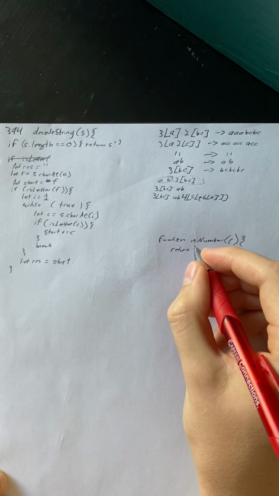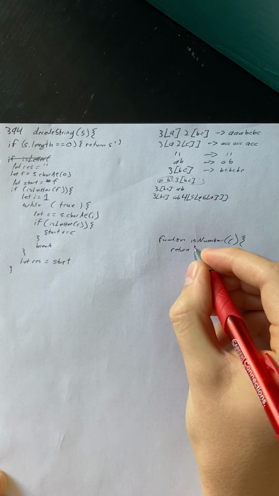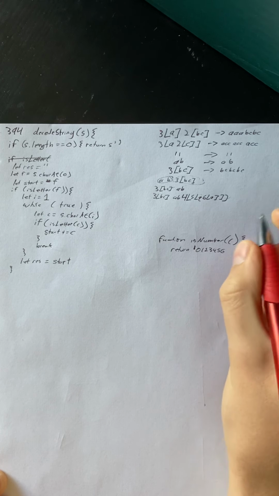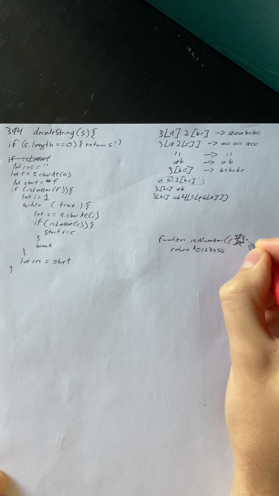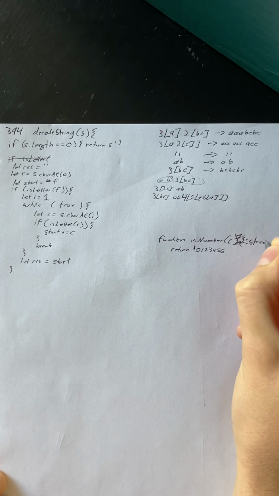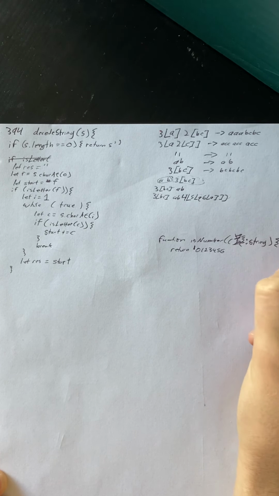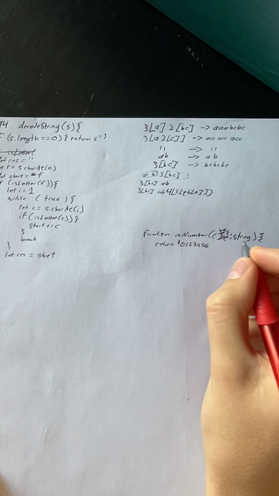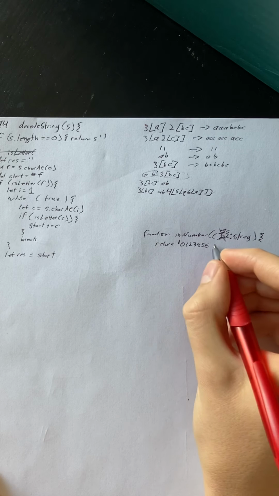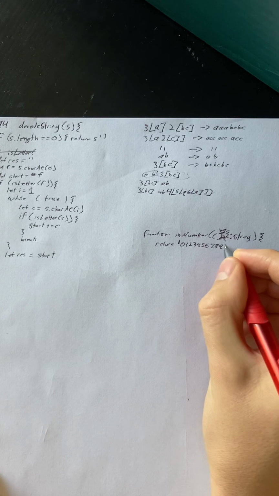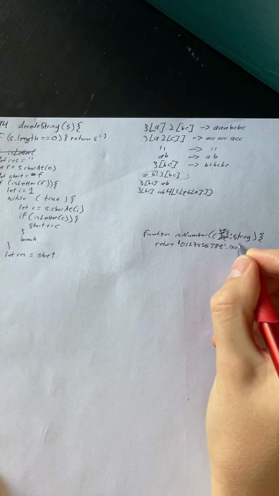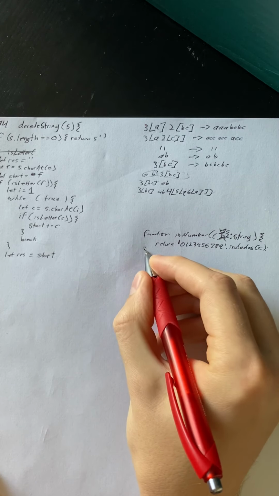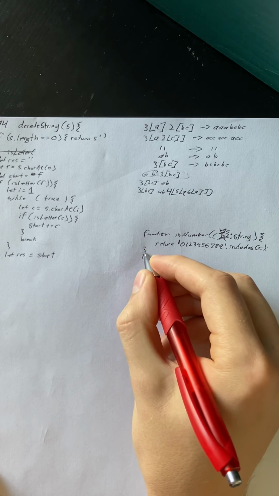We can just use indexOf, returning if it's 0, 1, 2, 3, 4, 5. And C is a string, but we're checking if that string itself has the essence of a number. And then a function isLetter.